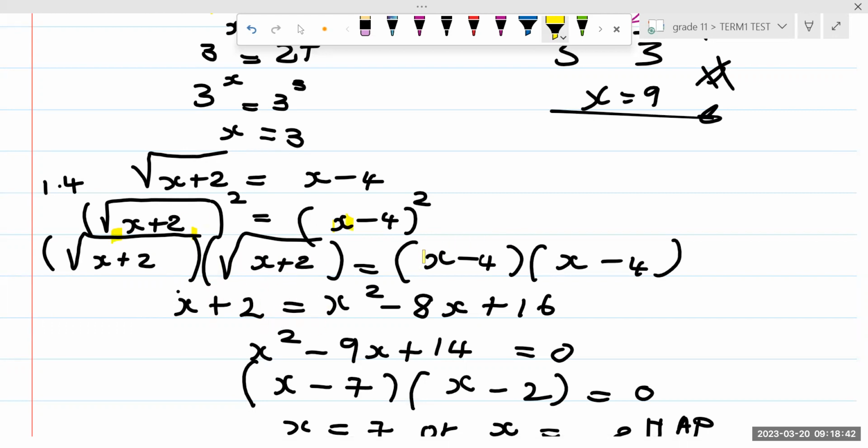It's equal to, so then x multiplied by x is x squared. Then x multiplied by negative 4 is negative 4x. Negative 4 multiplied by x is equal to negative 4x. Both of them give negative 8x again. Plus, negative 4 multiplied by negative 4, negative and negative giving you positive, and then 4 times 4 gives 16.